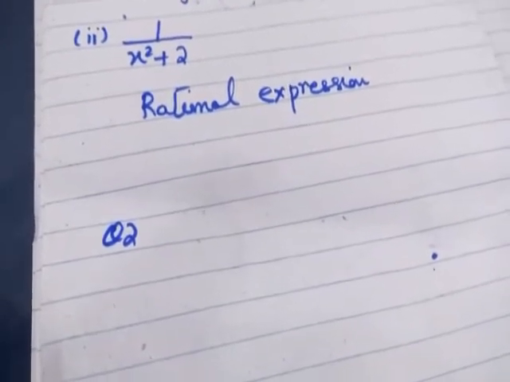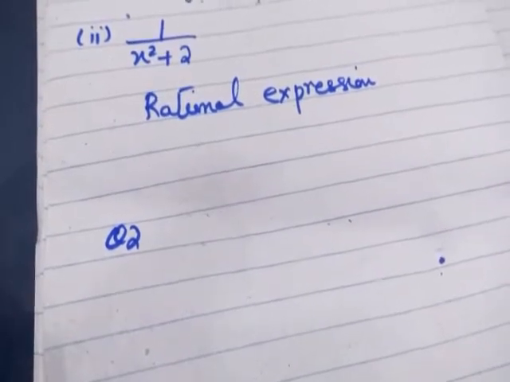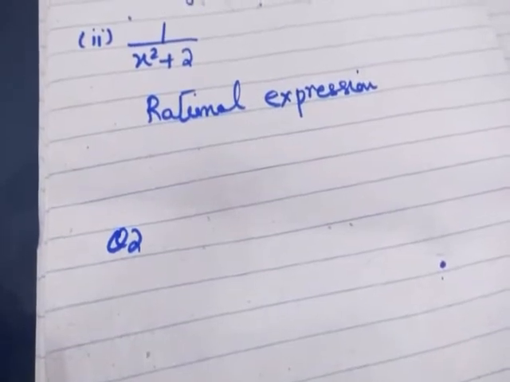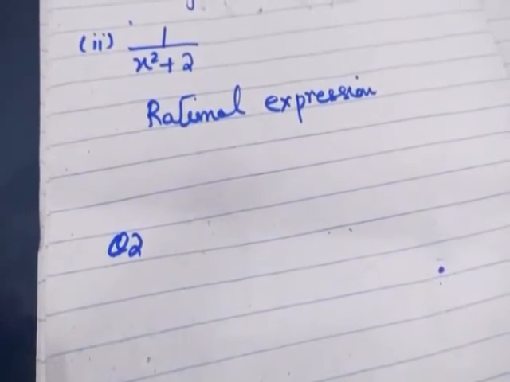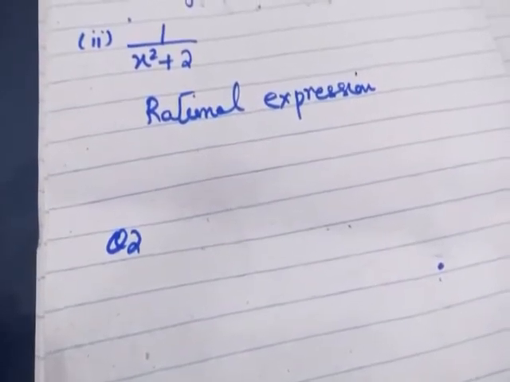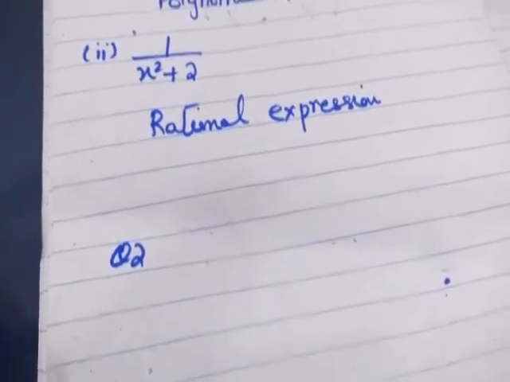If they are polynomials, you will write polynomial, and beside it you have to write how many variables are used in the given polynomial. And if it is non-polynomial, then you will only mention non-polynomial.